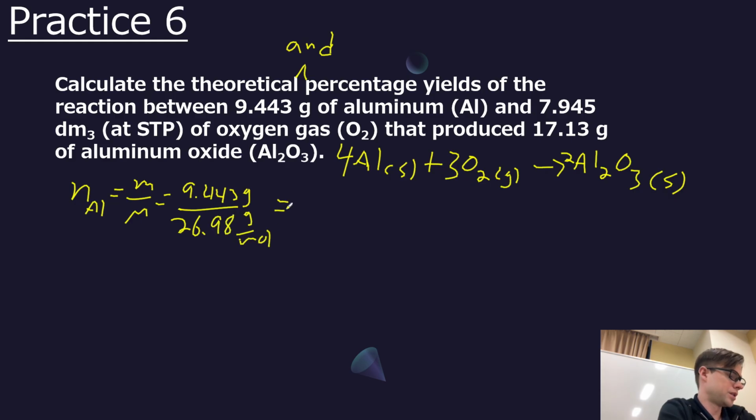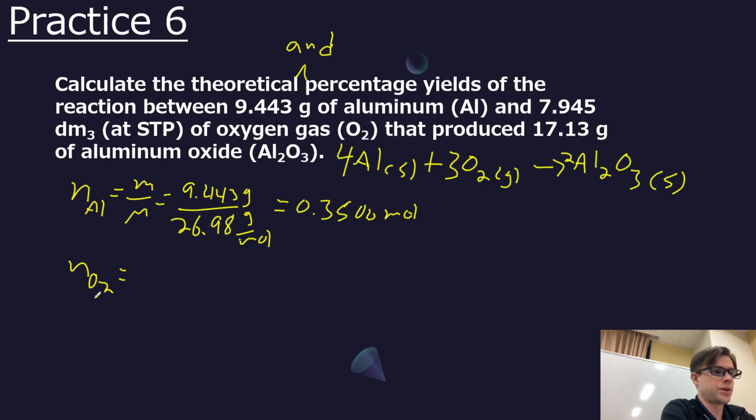So we are working with 0.35 moles of aluminum. What about oxygen? For this, we don't have a mass.